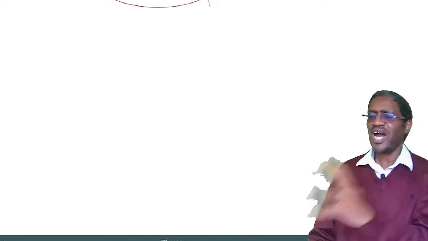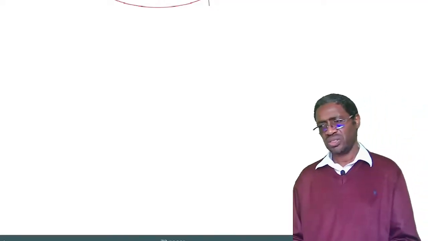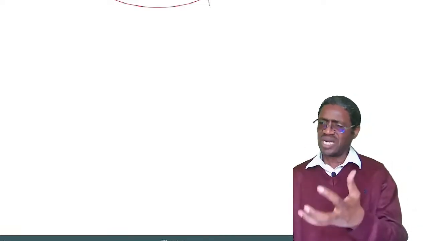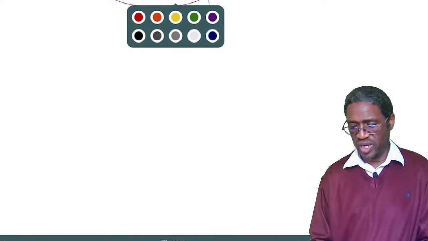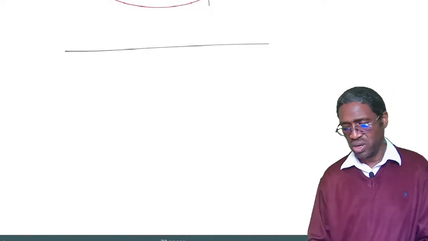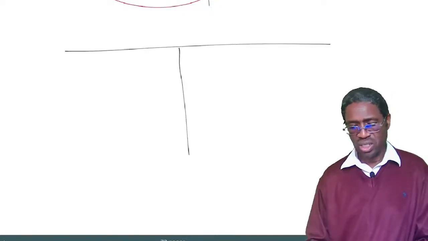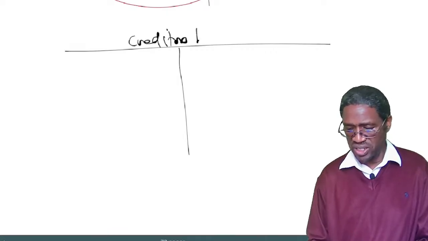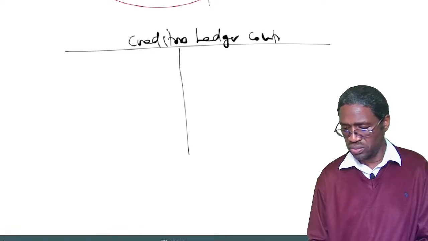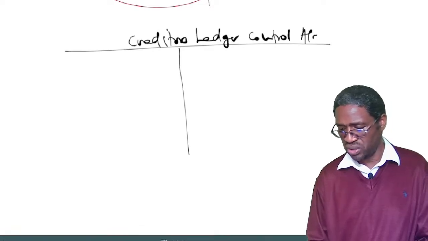So you prepare a sort of trial balance. But we are saying it's not a trial balance, it's called a control account. So you open an account we call creditors ledger control account.